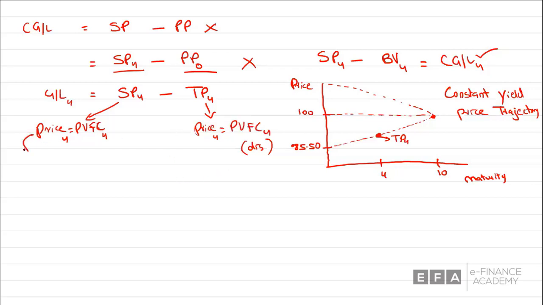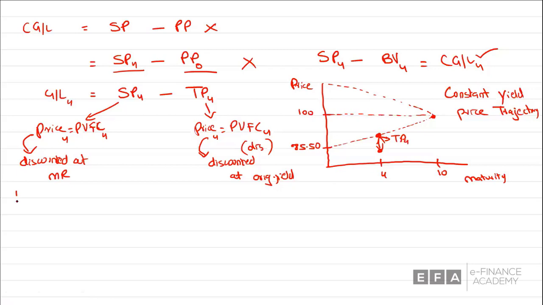The difference is that the selling price is discounted at the market rate, while the trajectory price should be discounted at the original yield. So if the selling price is lower than the trajectory price, we will have a capital loss. Vice versa, if it's above, there will be a capital gain.